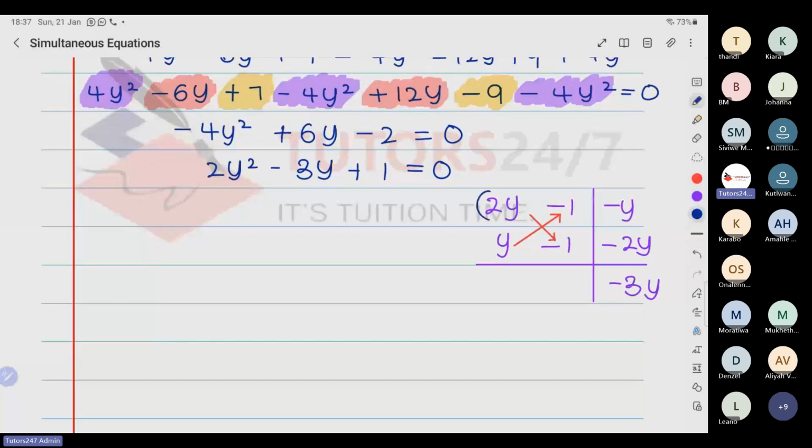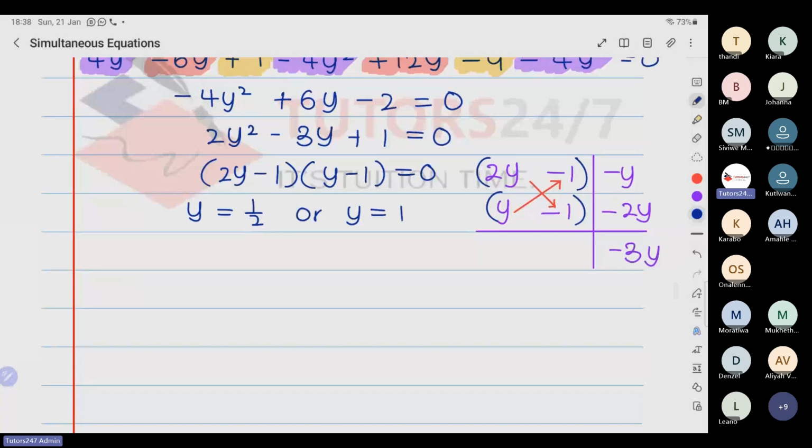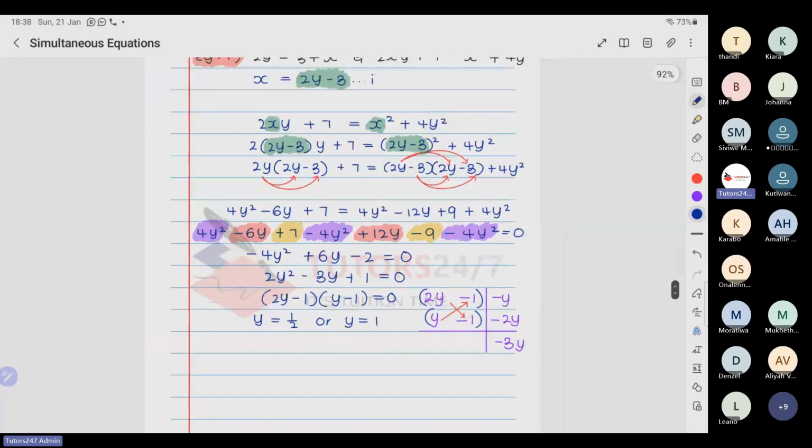So our brackets would basically look like this. So 2y minus 1 and y minus 1 is equal to 0. From here, we know that y is equal to 1/2, or y is equal to 1. Now, that is only the value of y.